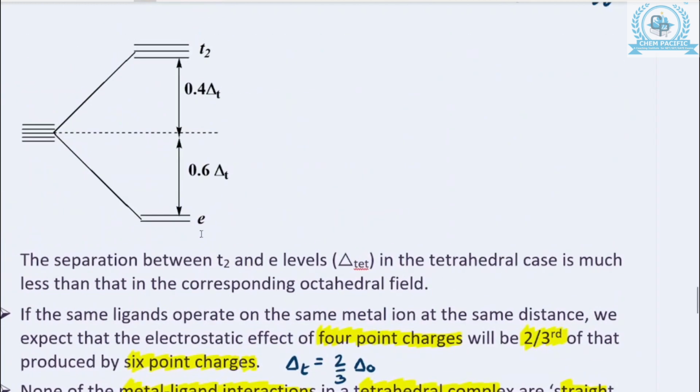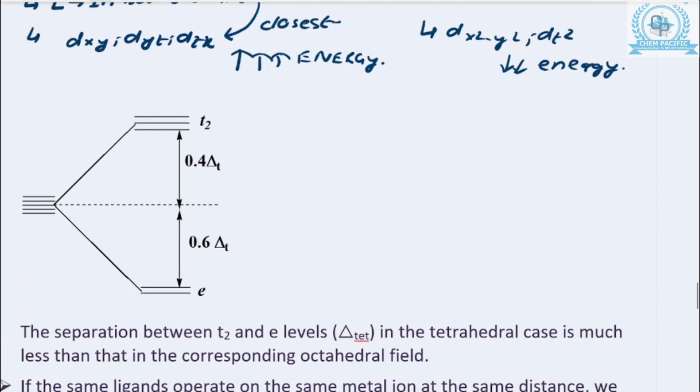Clear? All this has become clear to you. So now let us explain it. Number 1, since here the orbitals which were along the axis, which were they, dx² minus y² and dz², they were along the axis and they are stabilized, so their energy will decrease. And the orbitals which were in between the axis, dxy, dyz and dzx, now they are in between the axis and they are experiencing more repulsion due to the approach of the ligand along the in-between axis, and therefore they are now energetically high.